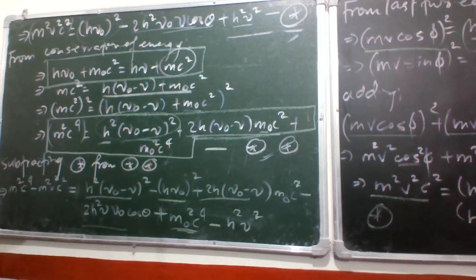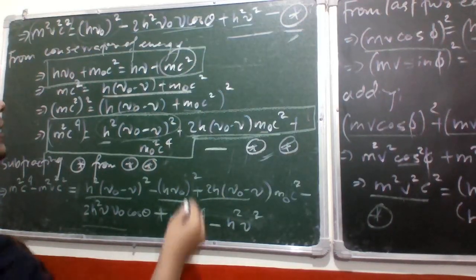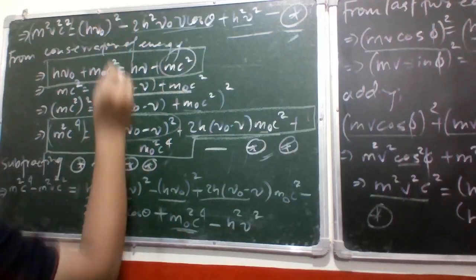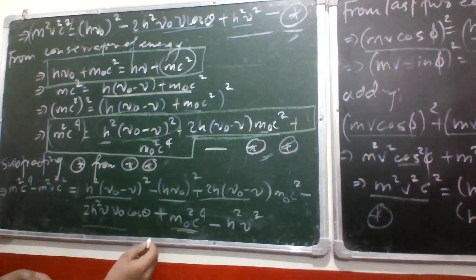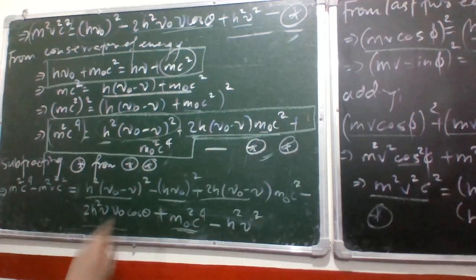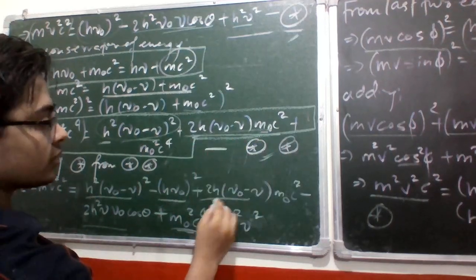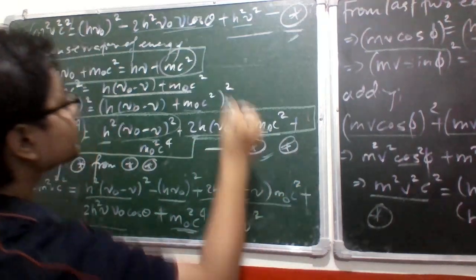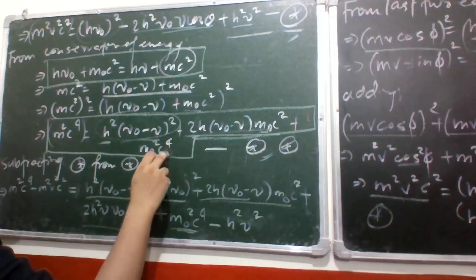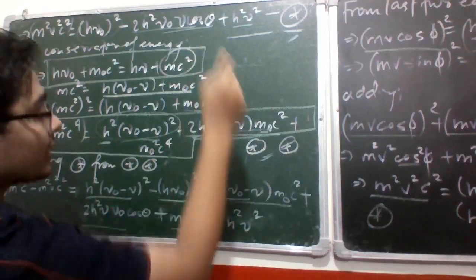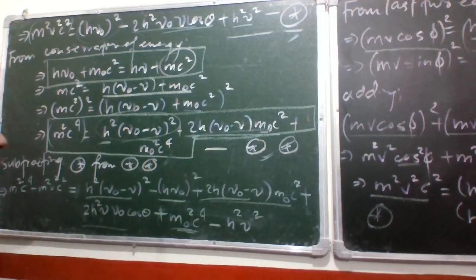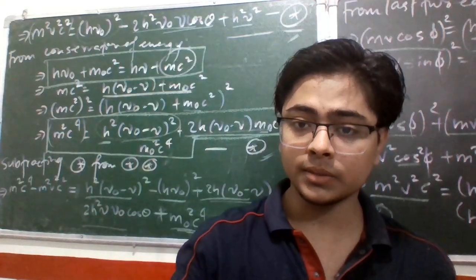And wait a second, I think we would get a plus sign here, because here you have a minus sign, so when I subtract it, this becomes a plus sign. So this minus becomes plus this thing, and this m naught c to the power 4 minus h squared nu squared. Let's see what we get after this.